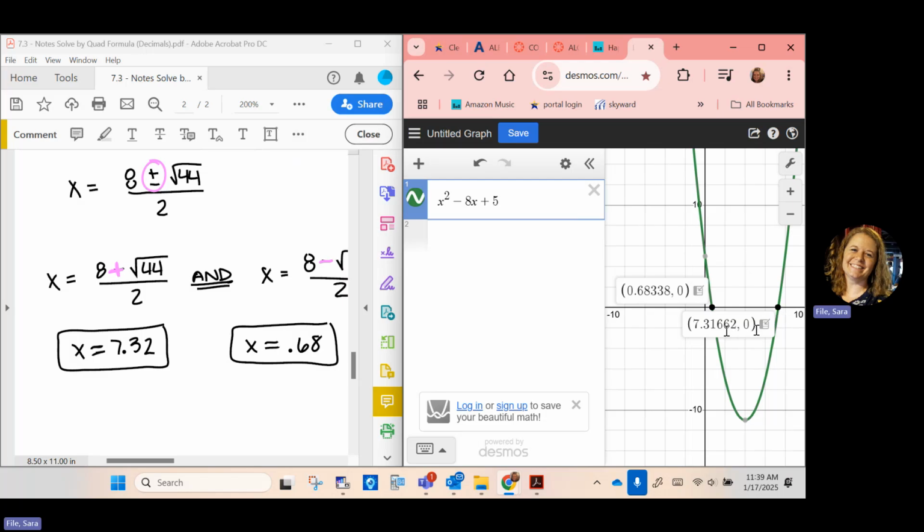Those are the values we got with quadratic formula, aren't they? So you can confirm this graphically. That's why it's so important you understand what you're solving for. When you are solving equations for x, that represents the x-intercept. So graphically, I can look at the x-intercepts, and those are my solutions. You'll feel okay about that?